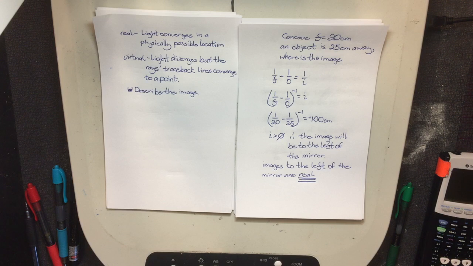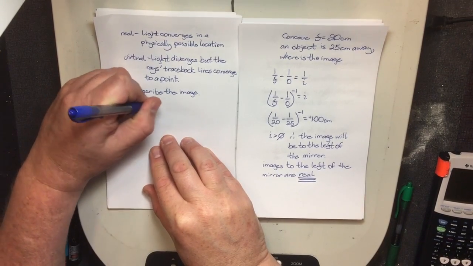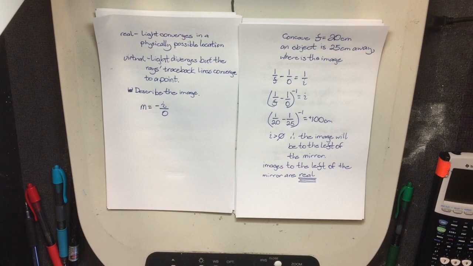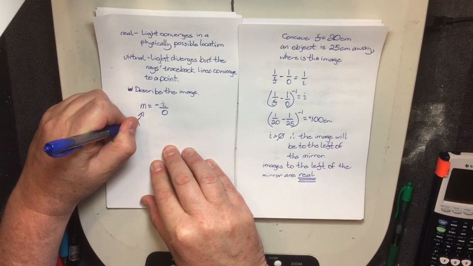You've seen whether the image is upright, looks normal, upside down, or has it been enlarged, has it been reduced? All of these words are coming from one particular equation, and that is m equals negative i over o. i is your image distance, o is your object distance, and m is the magnification.